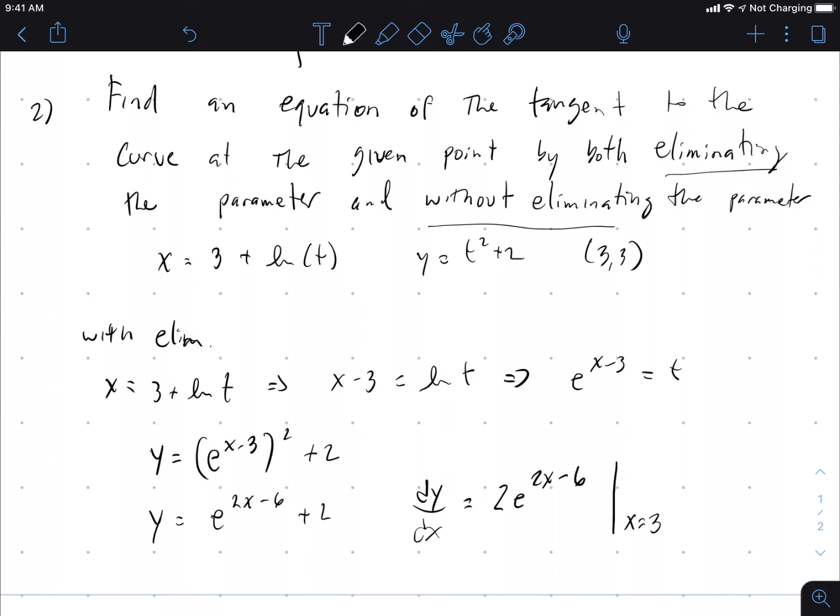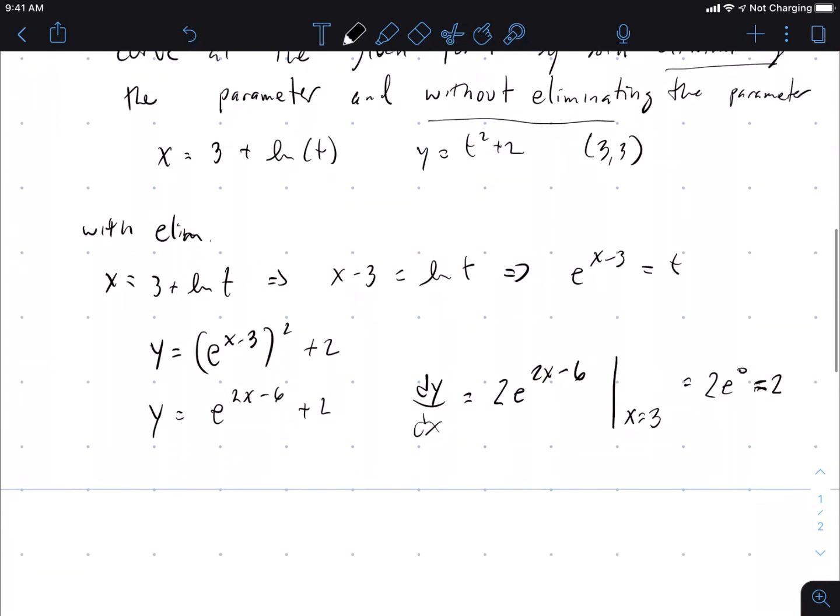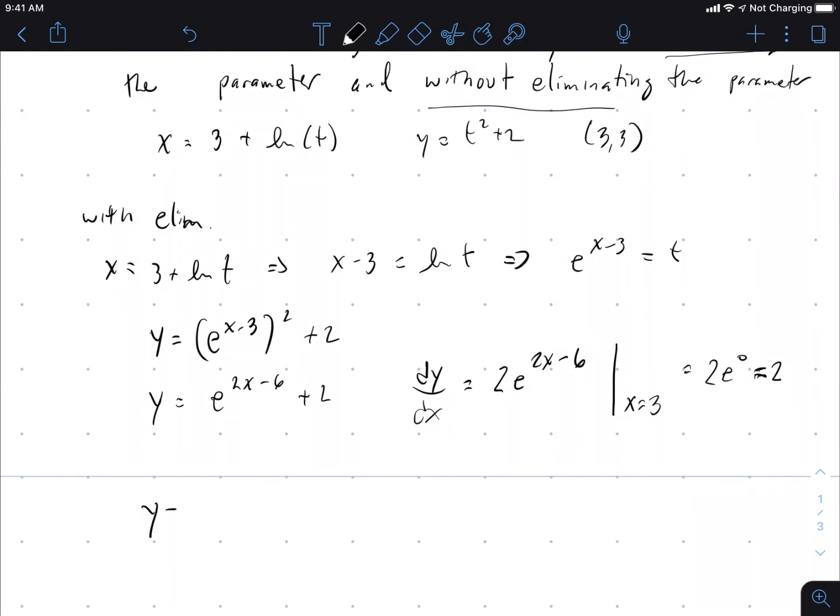Yes. Okay, so we should get 2e to the 0, so our slope should be 2. Right? Okay, so then from there, if we go to point slope form, we're going to go y minus 3 is equal to 2 times x minus 3.